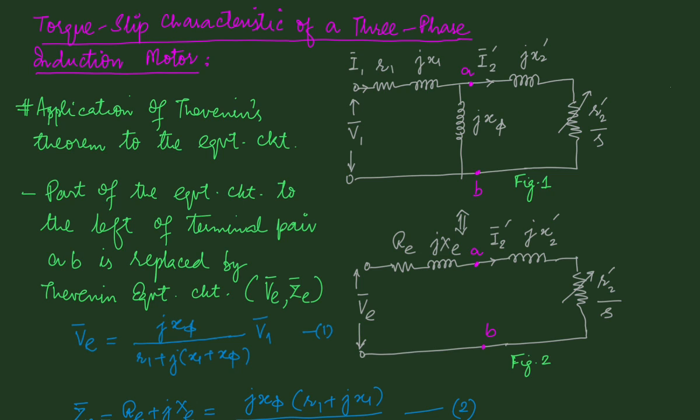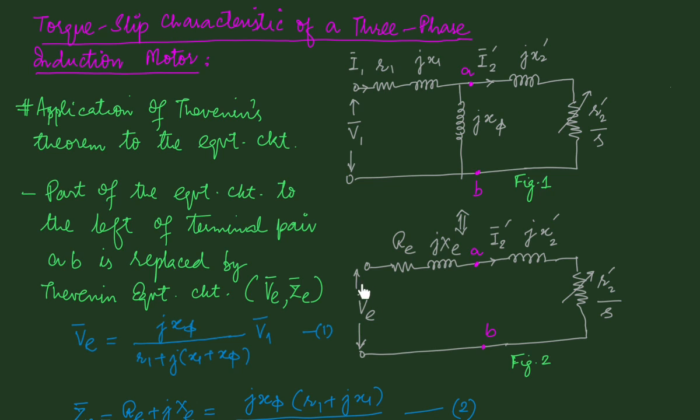The resulting circuit is shown in figure 2, in which the Thevenin equivalent of this portion of the circuit is drawn here. The Thevenin equivalent comprises of a Thevenin voltage VE in series with a Thevenin impedance ZE equal to RE plus jXE.